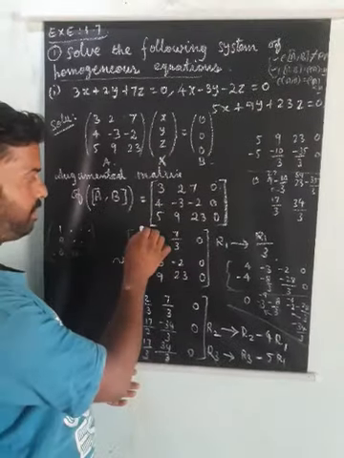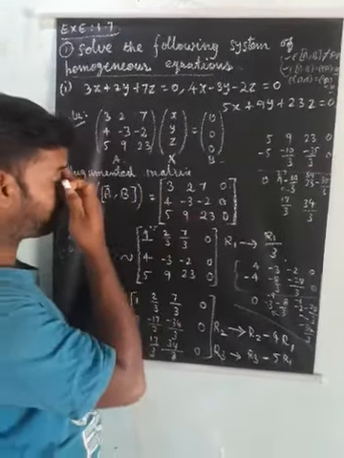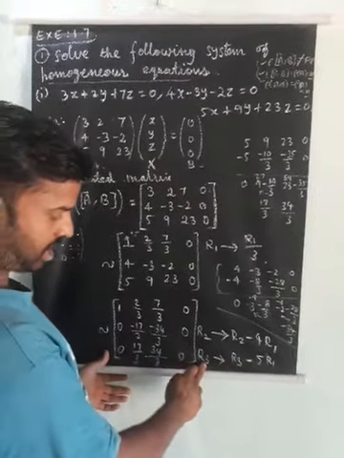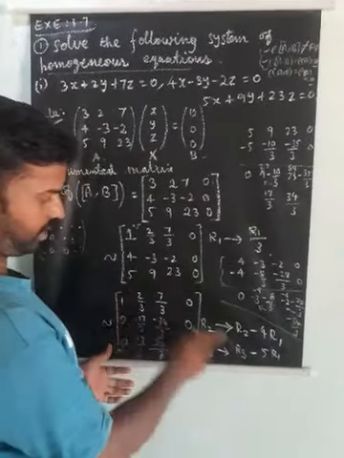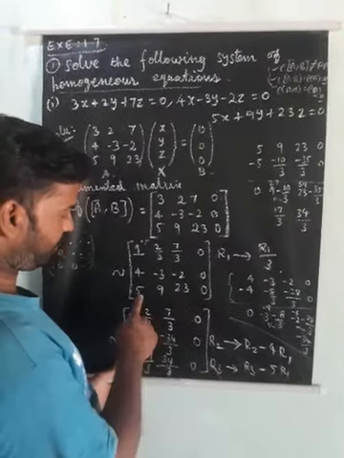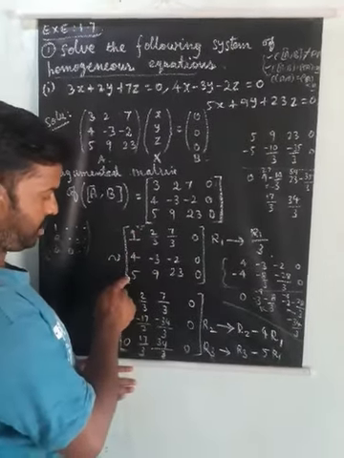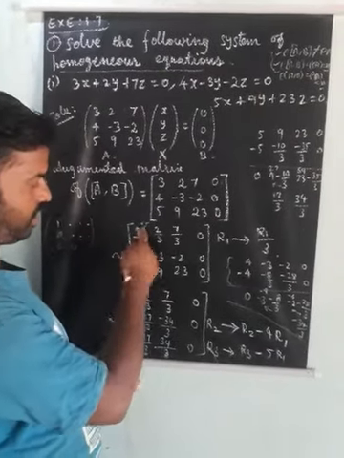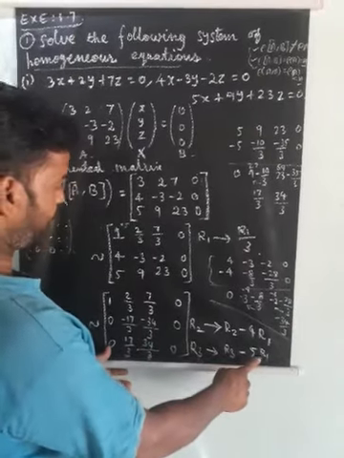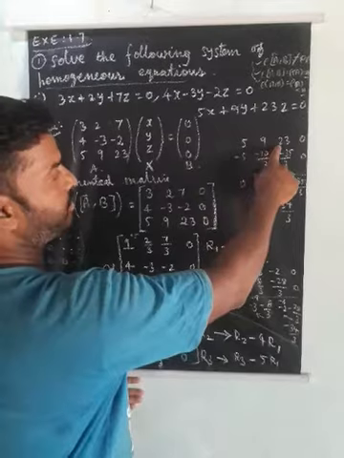If we multiply R1 by 5 and subtract it from R3, we get 0 in this place. So R3 becomes R3 minus 5R1. Since R3 has 5 here, multiplying R1 by 5 and subtracting gives the 0 we need. R3 is 5, 9, 23, 0.